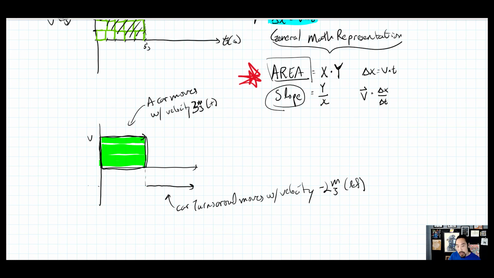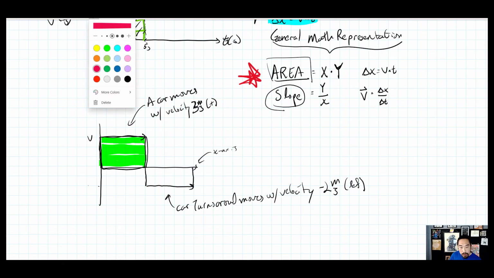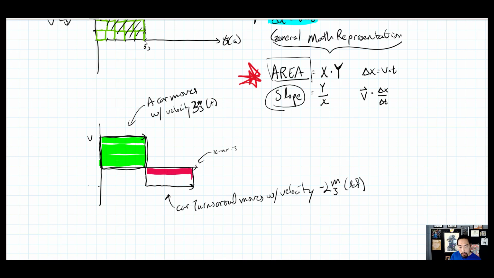Now for the second part, the rules are the same. You go from the line, and you try to create a shape from the line to the x-axis. Notice that here's the x-axis, it's above the line. So the shape that you'll create will look something like that, and I'll do this in red. There we go. Look at that.